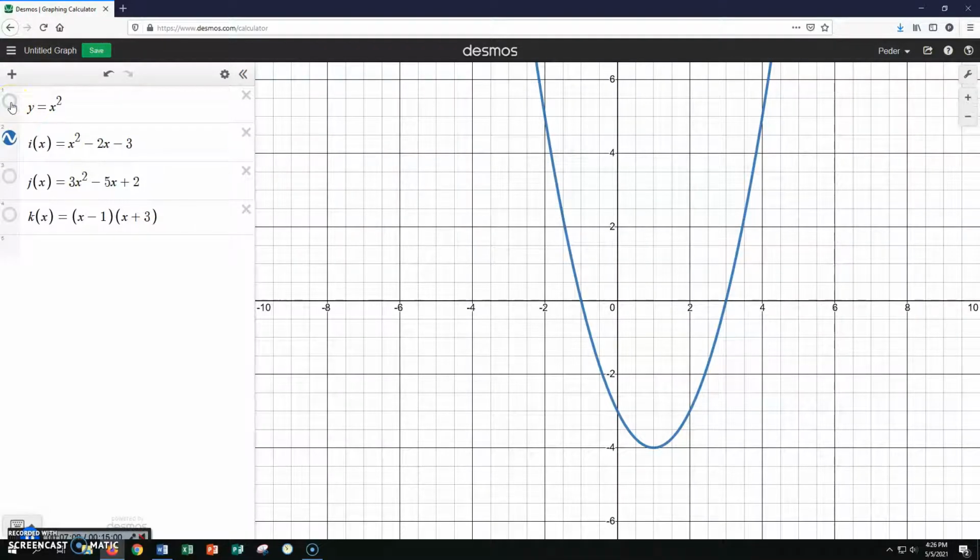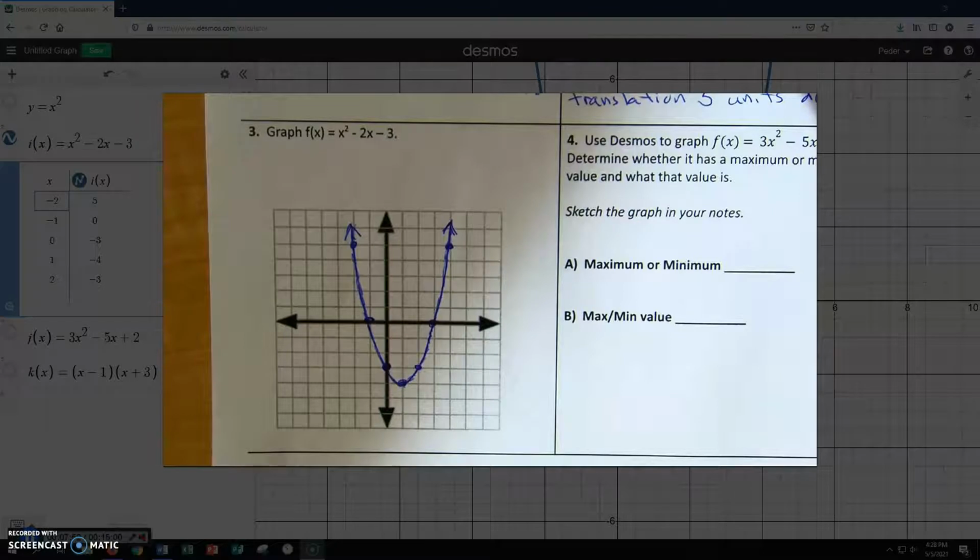So there is my graph, and I'm going to pause to transfer that over. All right, I've transferred it over, and on this particular one I will probably give you 4 or 5 pictures of graphs, and you will just match the one that goes with the one that you did on Desmos.